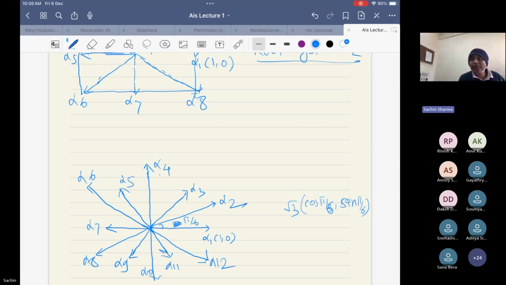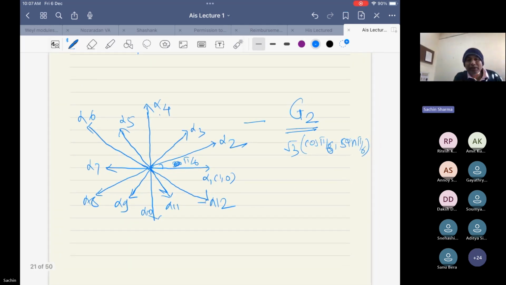This is a beautiful rank 2 root system. Indeed, it is a root system, and it is named G2. Considering these A1 cross A1, A2, B2, G2, these are all the rank 2 root systems. These exhaust all of them.